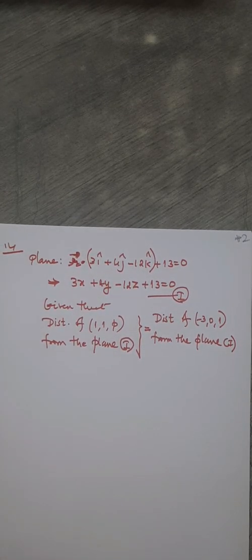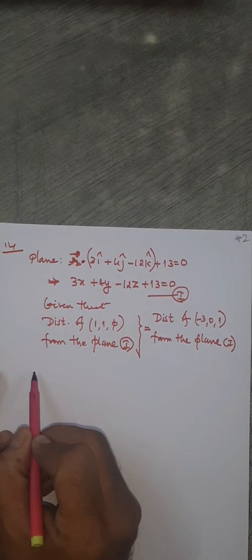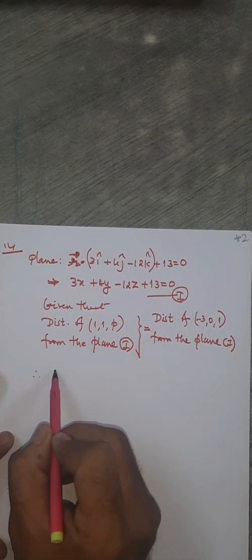These two are equal. You are given in the question itself. Now you know the formula for distance of a point from the plane, right? So how do we write the formula?